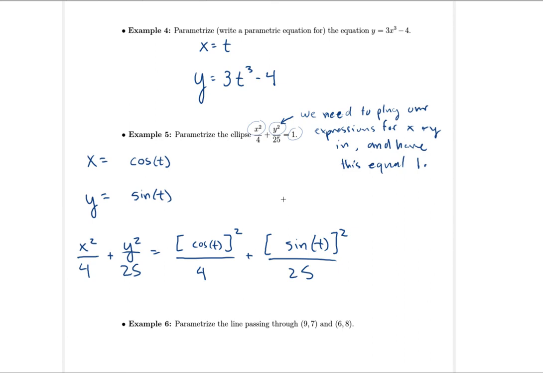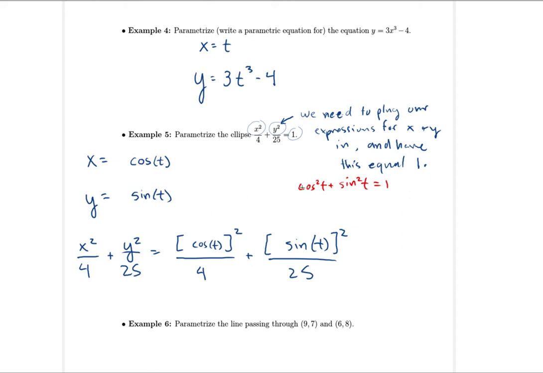But right now, that's not going to happen because I have this 4 down here and this 25 down here. So I know that the Pythagorean identity, writing this in red, would be cosine squared t plus sine squared t is equal to 1.